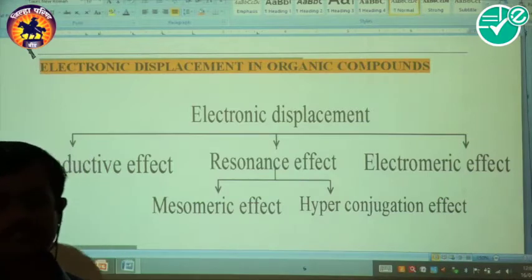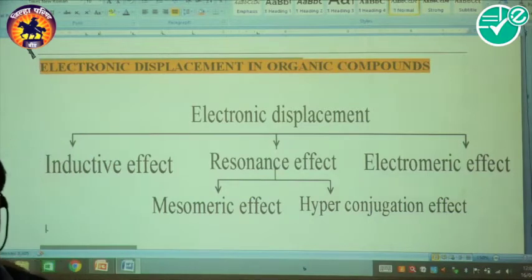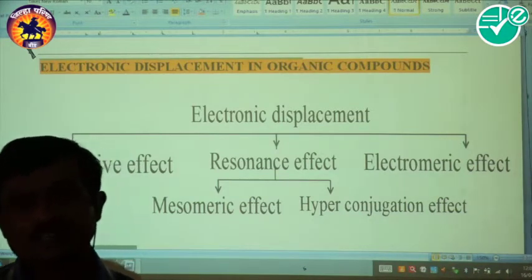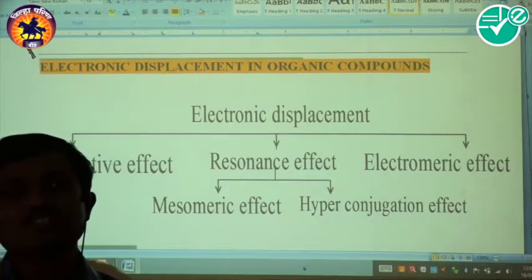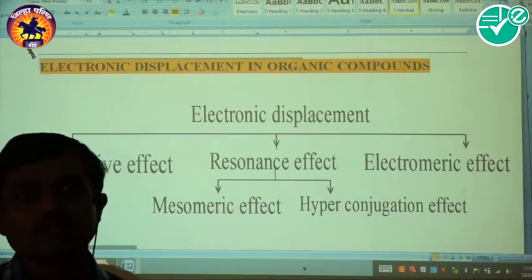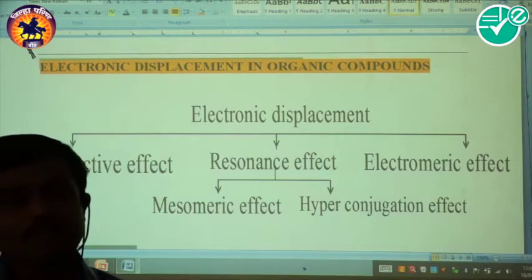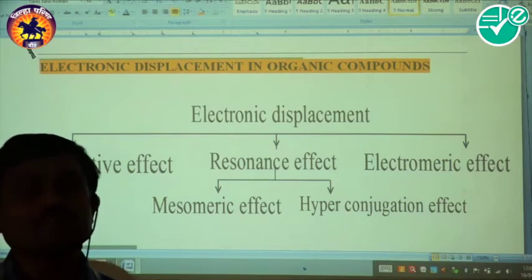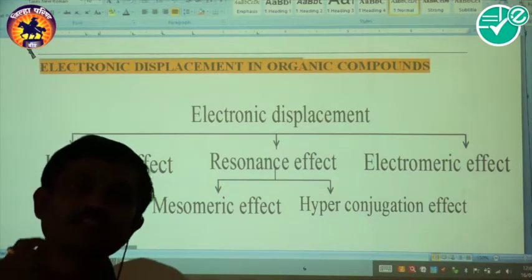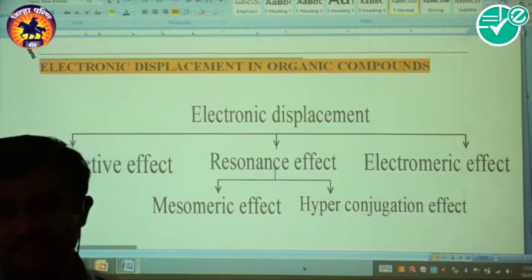So what is the inductive effect? We know that some organic compounds are formed by atoms of different elements having a difference in electronegativity.